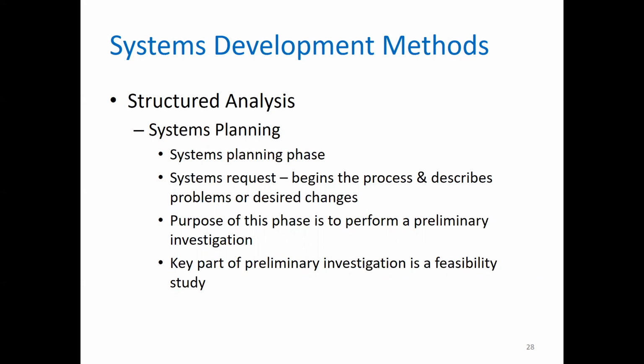In systems planning, the major result that needs to be derived is a systems request. The systems request begins the process and describes problems or desired changes. The purpose of this phase is to perform a preliminary investigation. A key part of the preliminary investigation is a feasibility study.